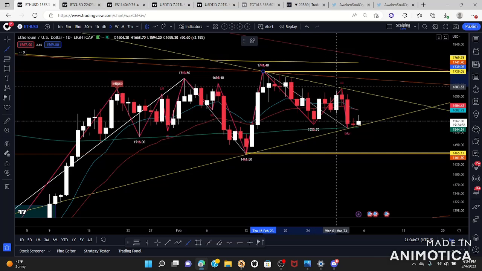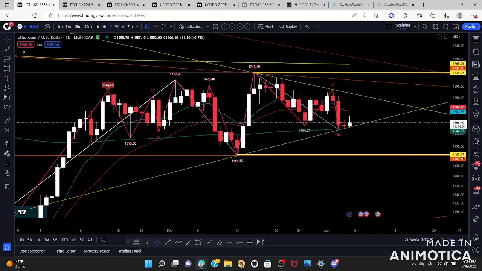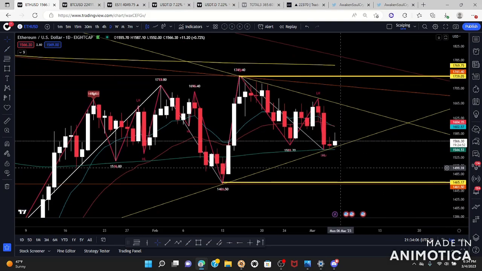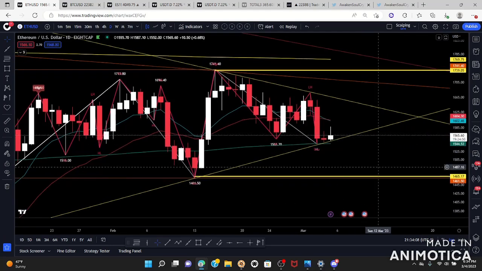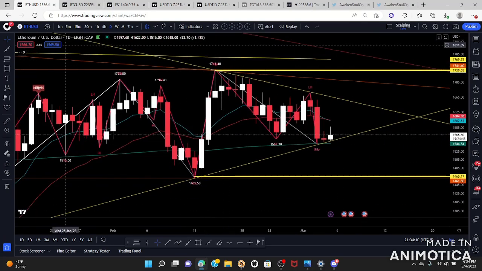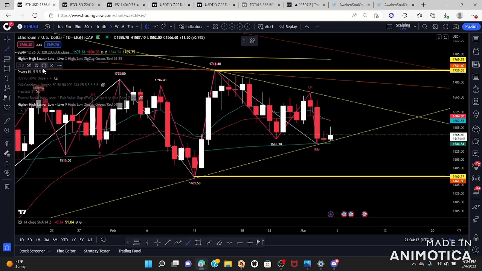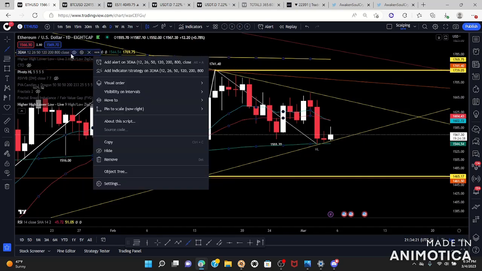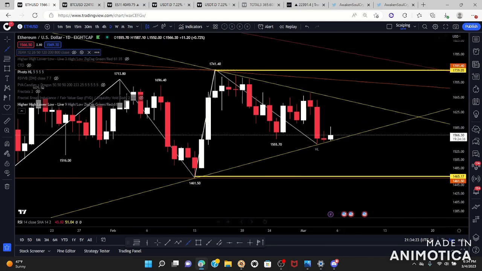One touch, two touches, right? So we have a pennant here. If we were to break to the downside, this is our highest price action, correct?